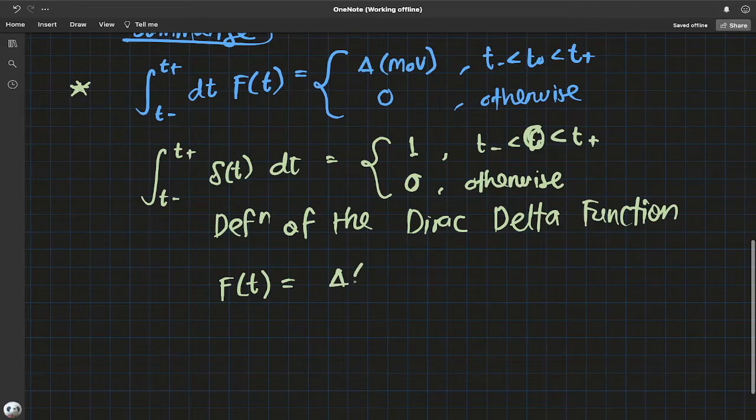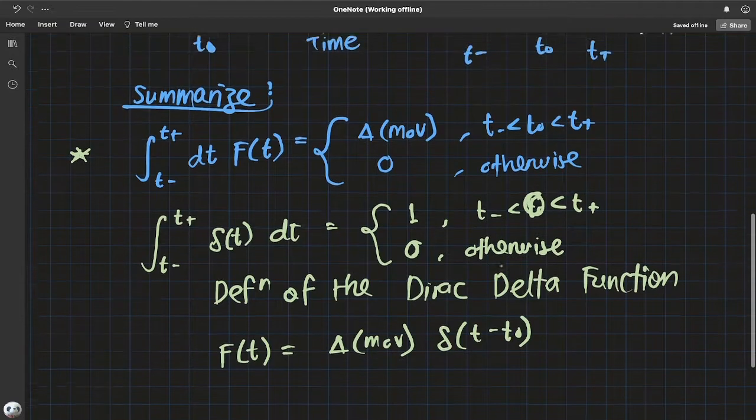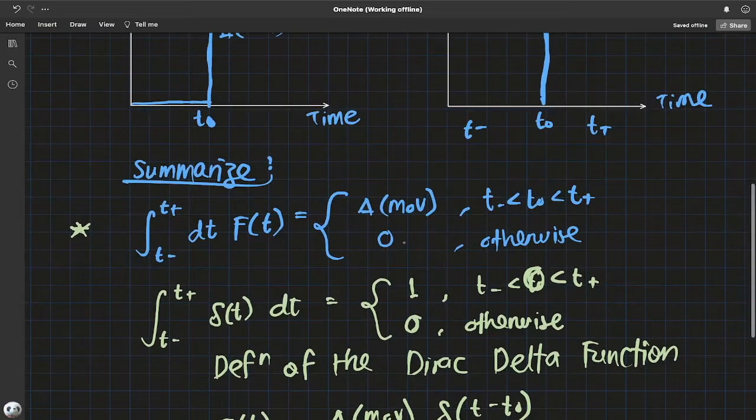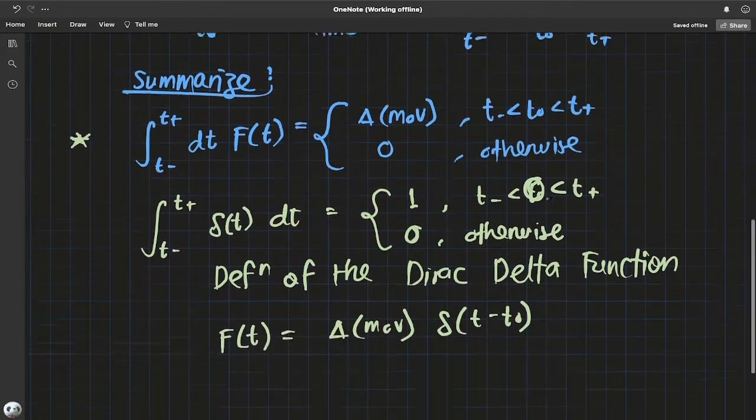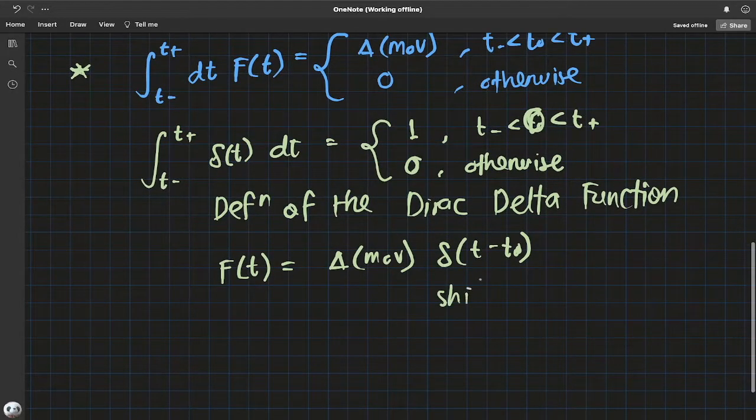So delta m naught v and Dirac delta of t minus t naught, because instead of 0 we have the point where the function is non-zero, at t naught. So we have to basically shift the input of the delta function.